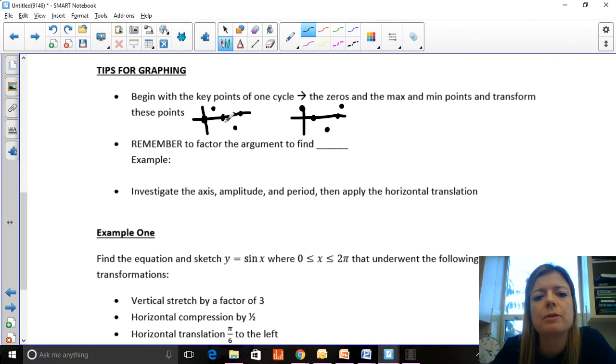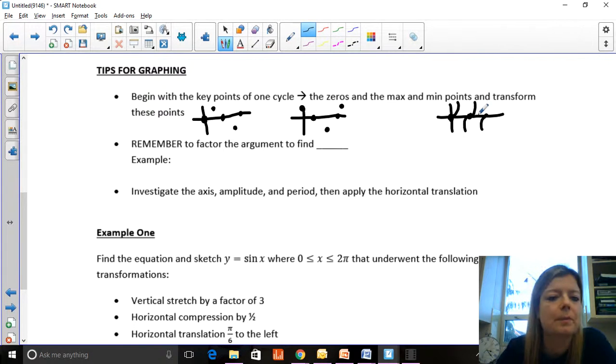So you always start with those 5 points and just transform those 5 points and your life will be a lot easier. With tan, you start with 0, up, and then up with a 0 there, etc. But you know what? Tan honestly isn't going to come up that much.